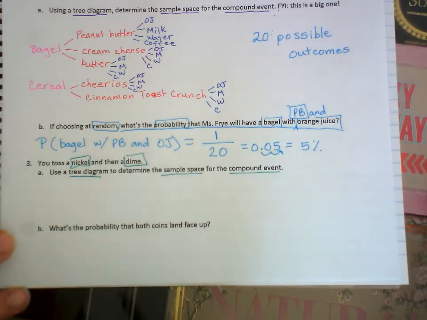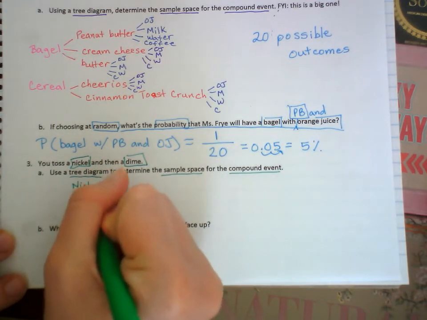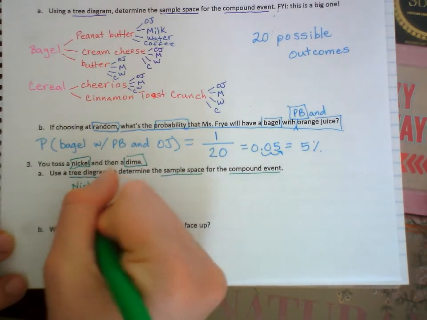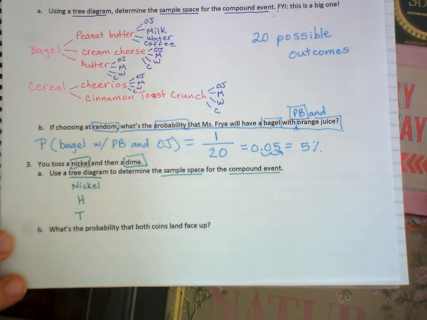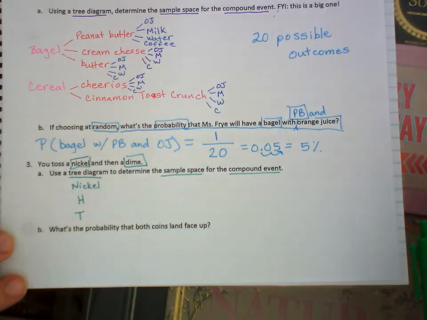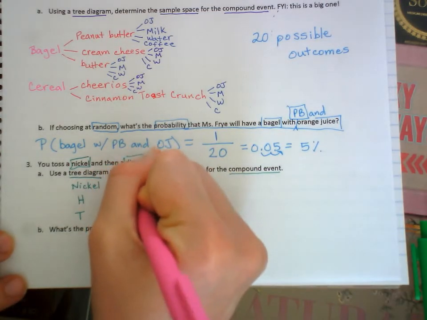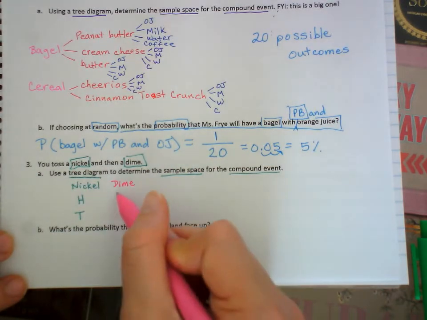Use a tree diagram. Okay, so I'm going to say first we're going to do the nickel. So that's our event 1. Now, what are our possible outcomes when we flip a nickel? Well, you could get heads or you could flip tails. Okay, so that's event 1. Easy. All right, but then we're going to flip the dime. Now, dime also has heads or tails. But we can't just put heads, tails.